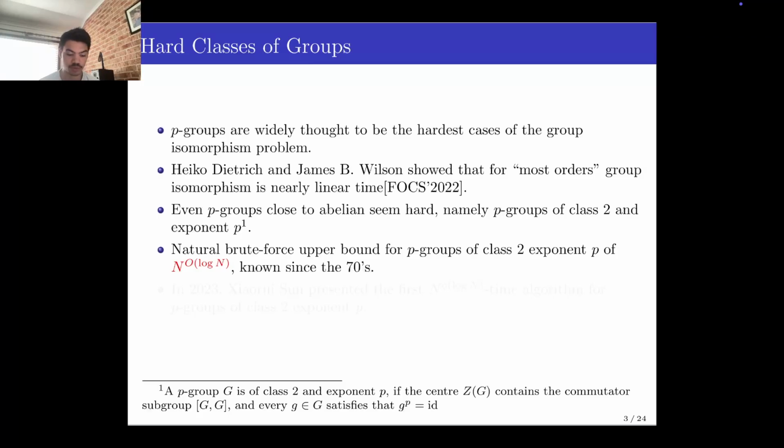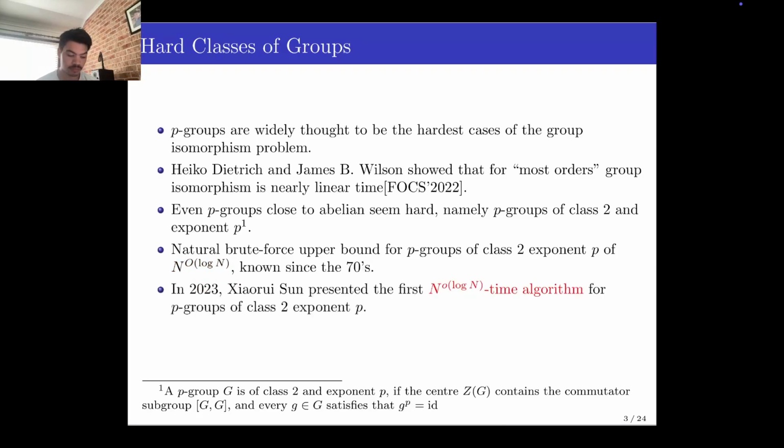We also have a brute force upper bound for this class of groups, which is quasi-polynomial time. And in 2023, Xiaorui Sun presented the first sub-quasi-polynomial time algorithm for this class of groups, which was a breakthrough in the field.